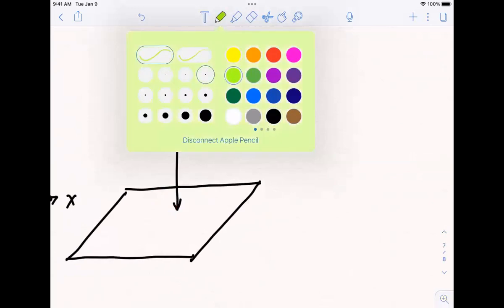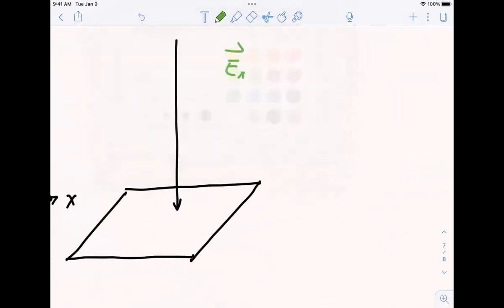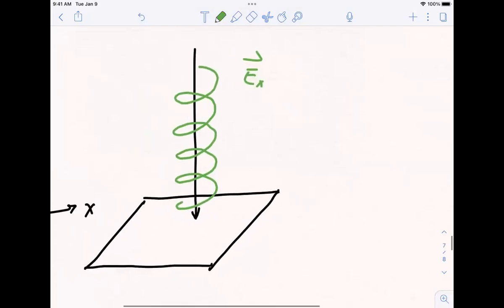Let me see how I'm going to draw it. You get something like this. So this will be Yi.